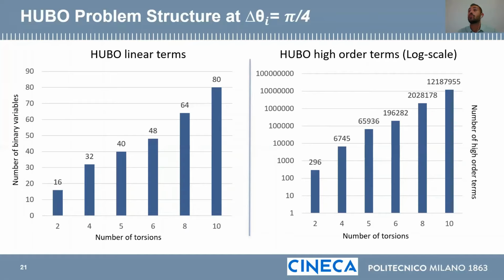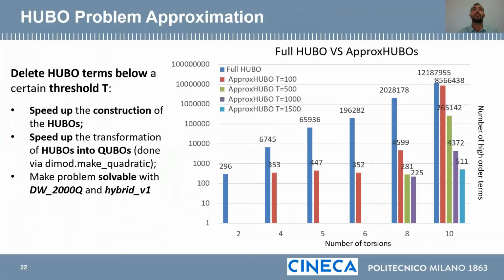Up to 12 million terms in the case of 10 torsions. This means that the problem is highly complex, increasing the number of torsions, of course. Okay, one way to overcome this difficulty is to apply some approximation to the Hugos.